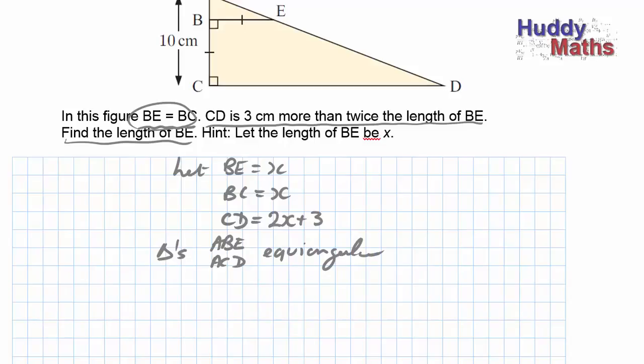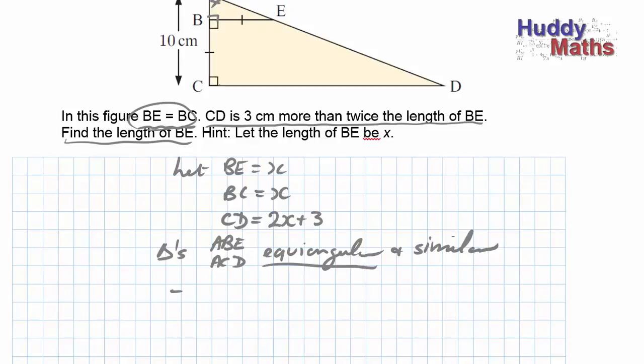Now in this sort of problem, we haven't been asked to show it, we're going to use it. We have to say they're equiangular: that angle is common to both, and that's a 90 and that's a 90. And the others must be equal because the angles of a triangle must always sum to 180.